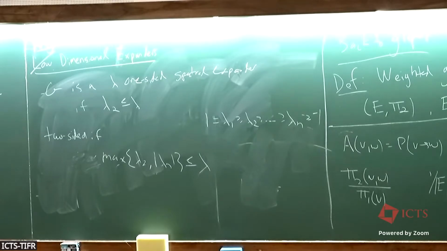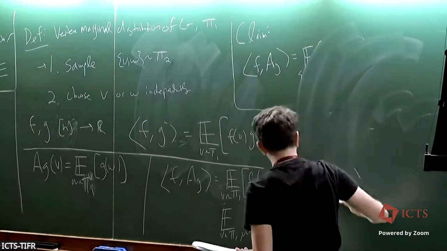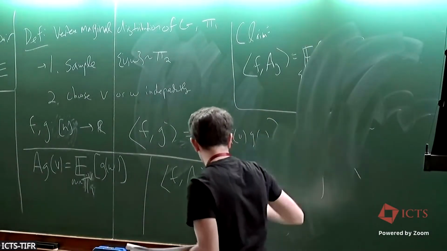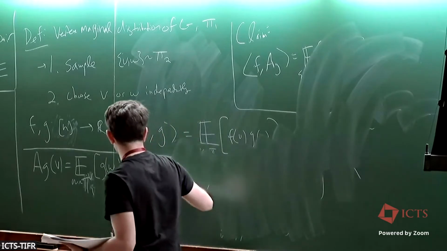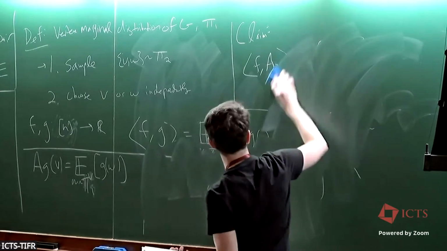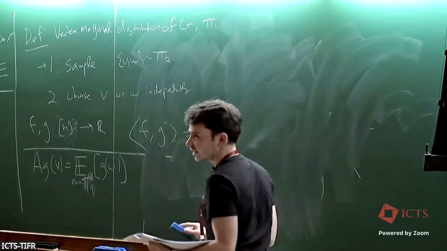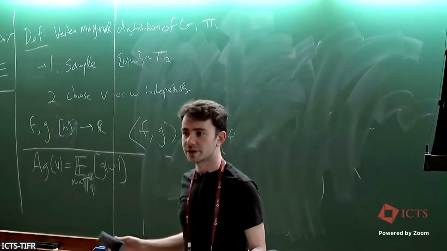I want to talk about viewing graphs and expansion in a distributional sense, as a property of distributions or random variables. And we're going to see that this notion extends really nicely to high dimensions.